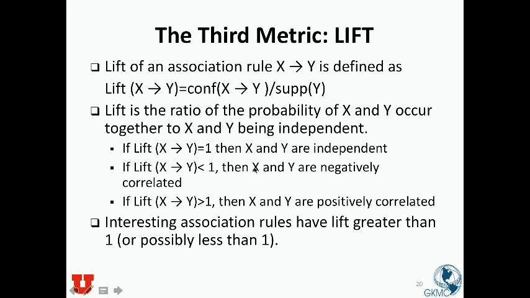And the third metric is often used to evaluate the importance of the rules. The original association rule mining algorithm didn't apply lift, and a modification of it can also apply lift to select rules.